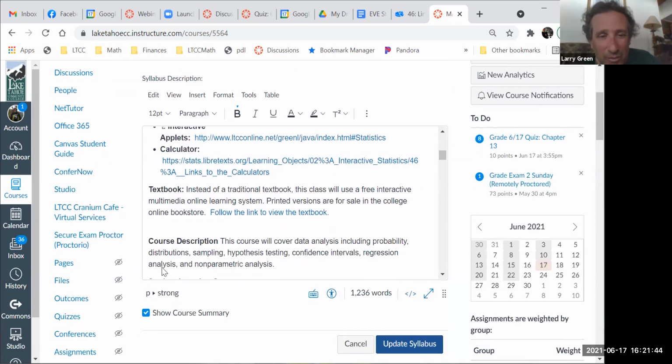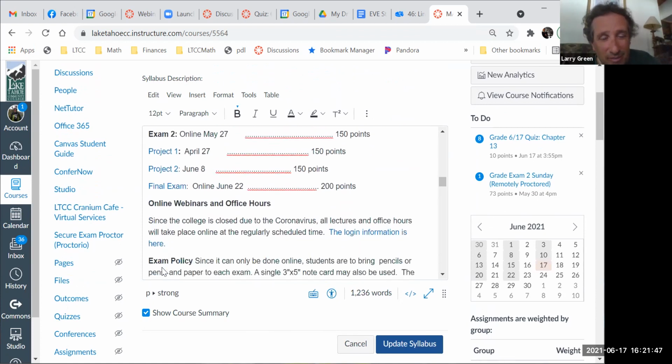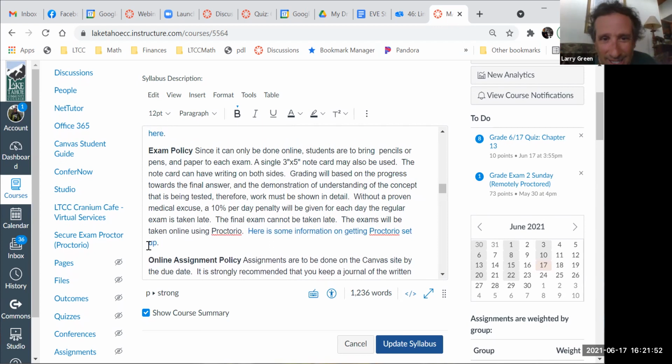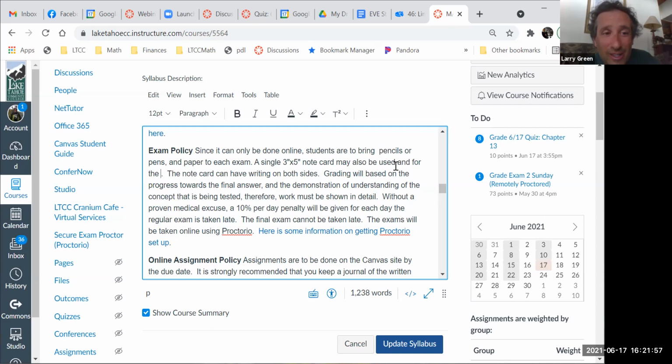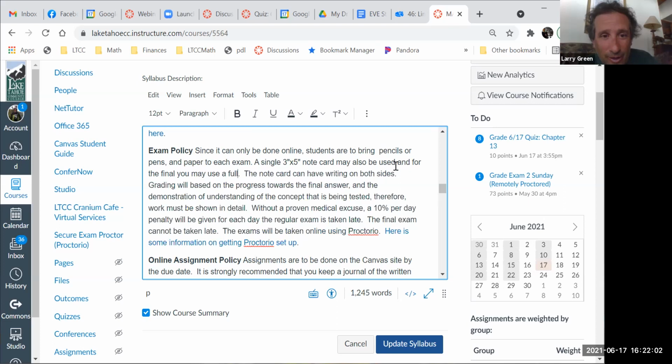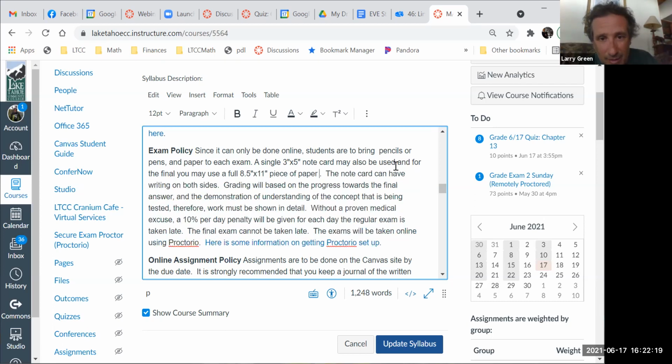I fixed it in my other class, but I didn't fix it in this one. Believe it or not, I used to be more strict. And for the final, you may use a full 8.5 by 11 piece of paper, front and back.